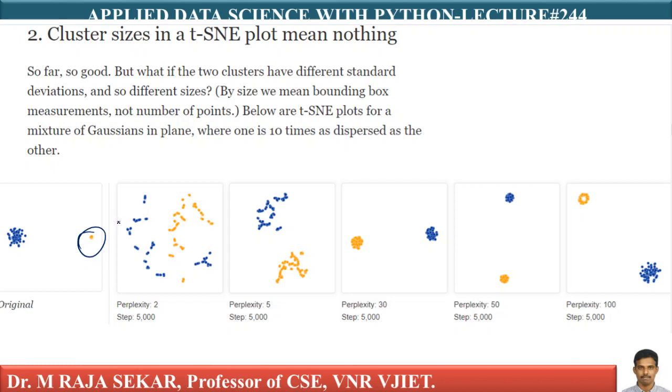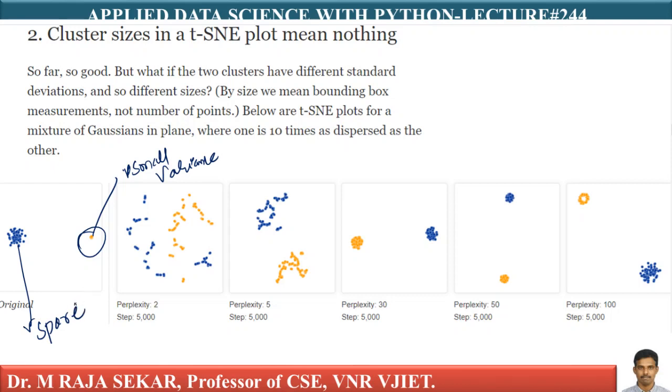This group size is small because variance is small here. You have small variance, that's the point. This blue cluster is sparse.